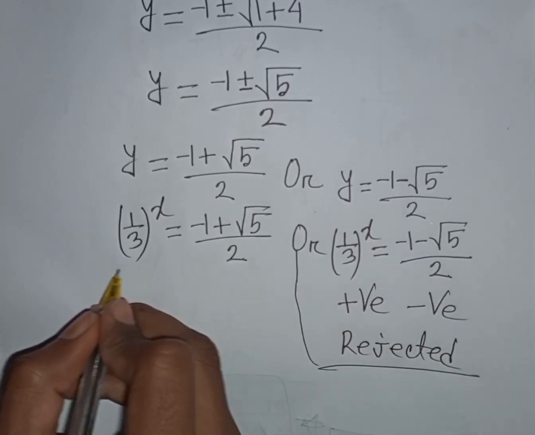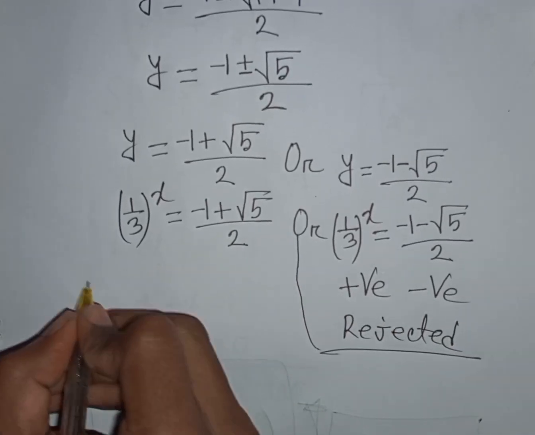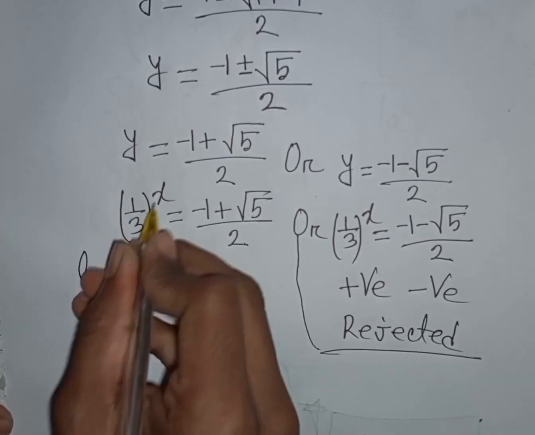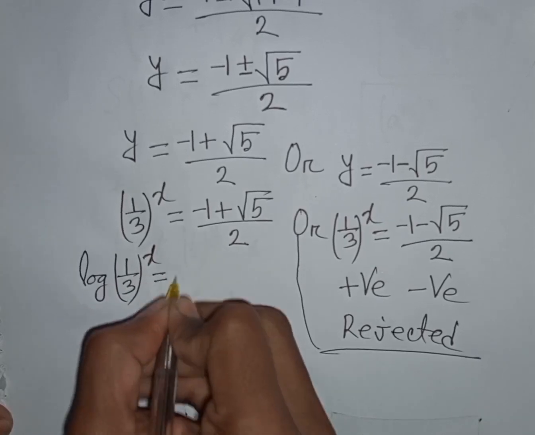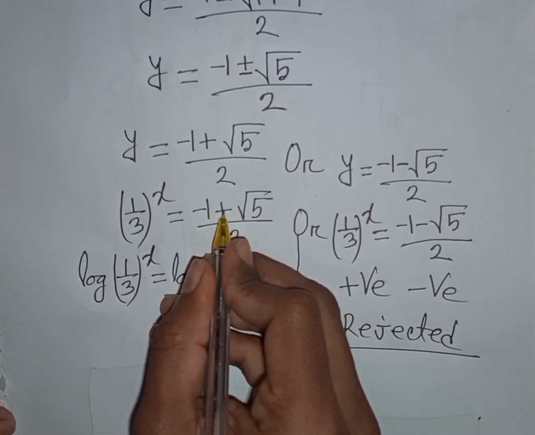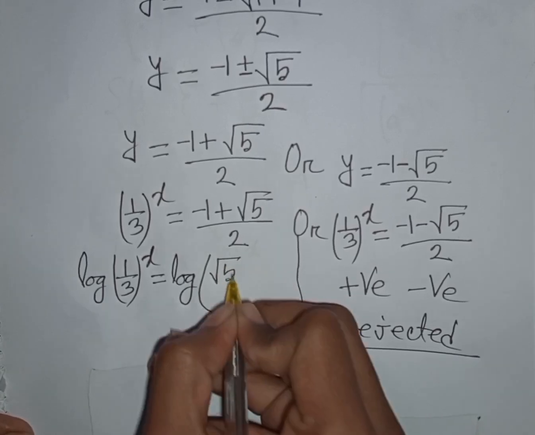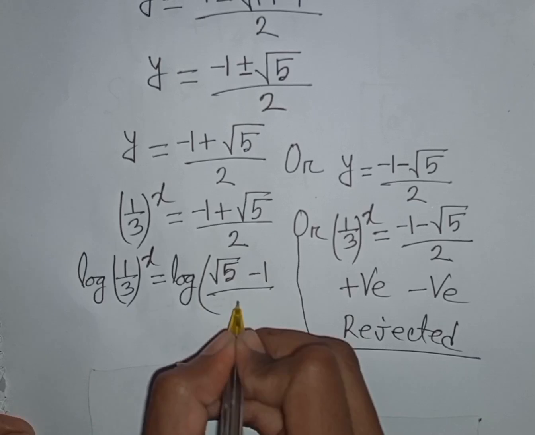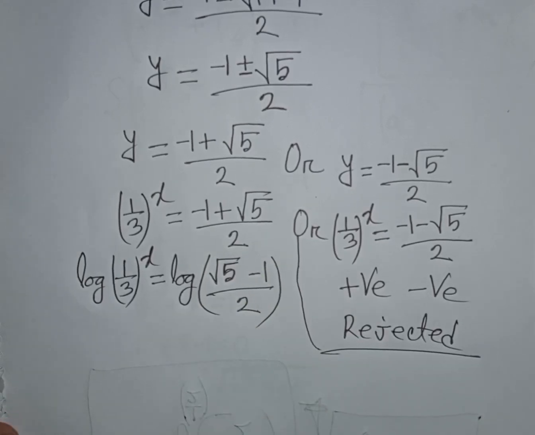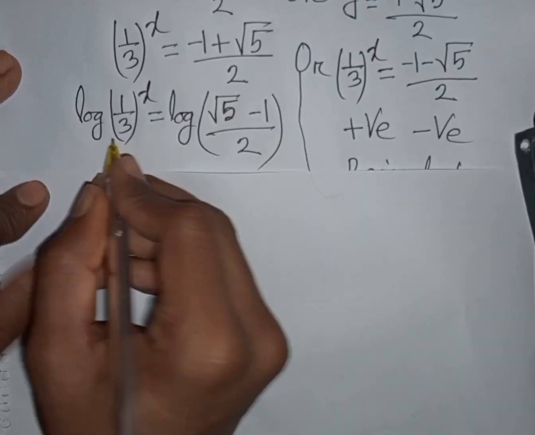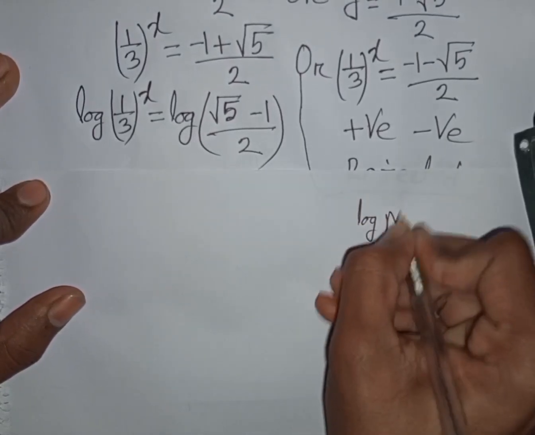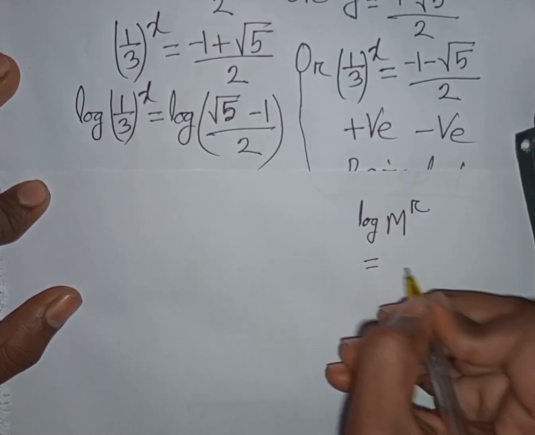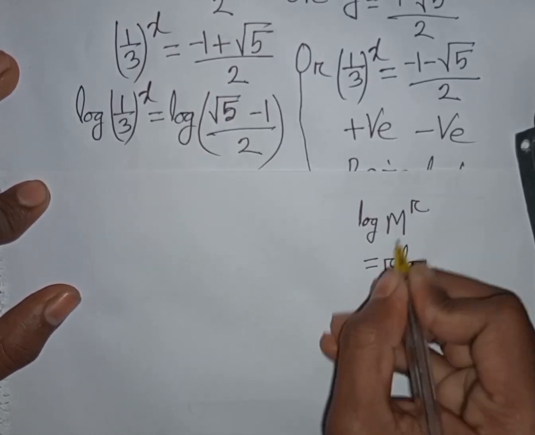Now from here we apply log on both sides. So you can write here log of (1/3)^x is equal to log of (square root of 5 minus 1) divided by 2. Now here I can apply the rule that log m power r is equal to r log m.